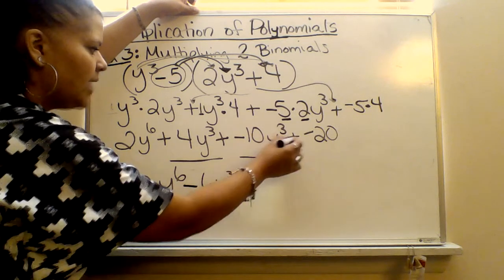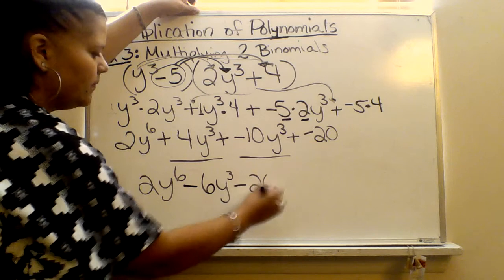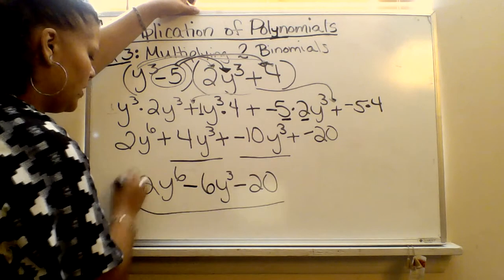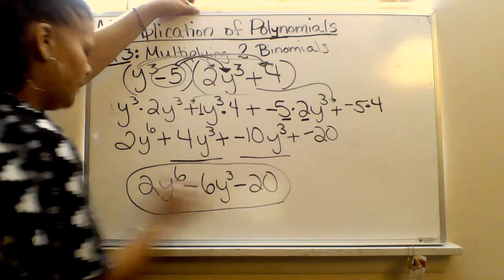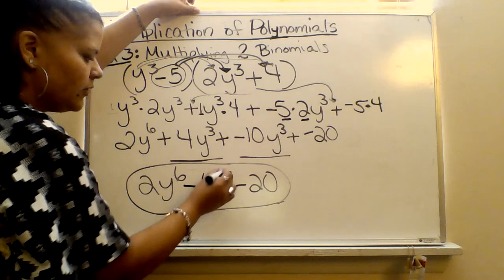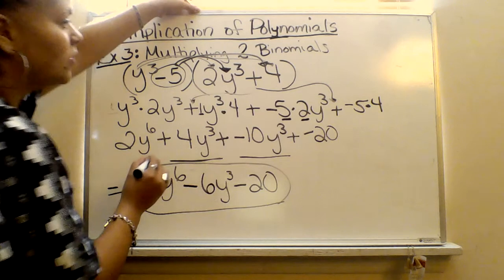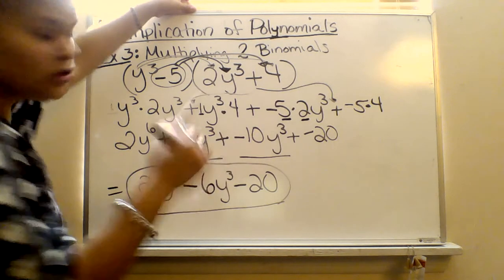And then positive and negative, let's make this simple. That's just a minus 20. So we end up with this response. We have 2y to the 6th power minus 6y cubed, or to the 3rd power, minus 20. Now that's how you multiply two binomials using the distributive property.